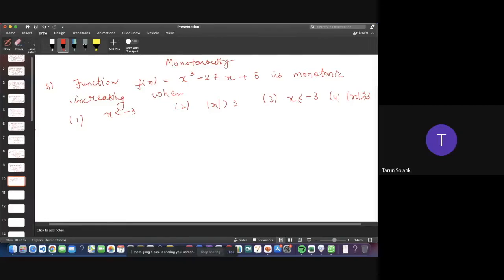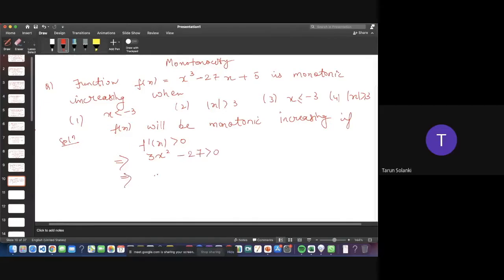So solving it means f(x) will be monotonic increasing if f dash x is greater than 0. So we can say 3x square minus 27 is greater than 0.